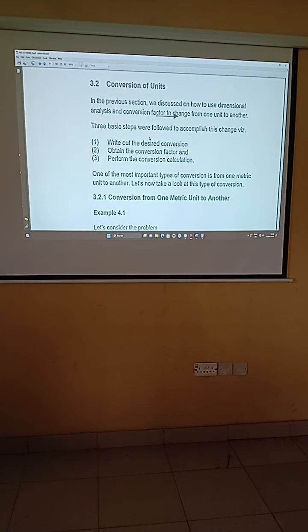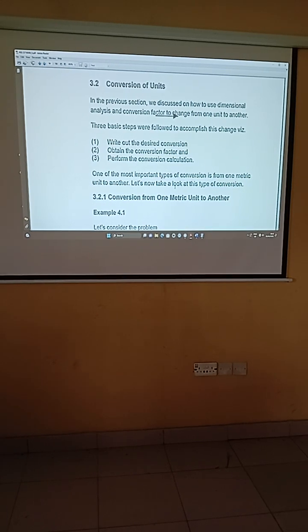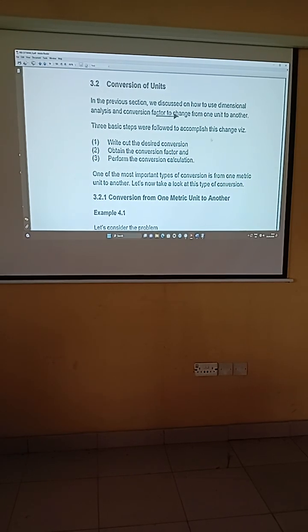So the next one we are going to talk about is conversion of units. Alright? In the previous session we discussed how to use dimensional analysis and conversion factors to change from one unit to another.